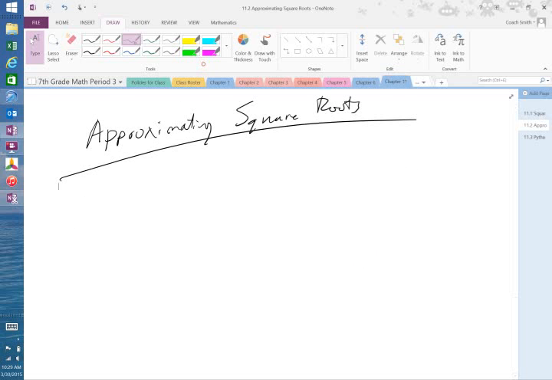Let's say I have the square root of 18. Well, I can plug the square root of 18 into our calculator, and it'll come up with a huge, long number that has an infinite number of digits in it. What they want us to do is approximate the square root to the nearest 10th. Here's how we're going to do it.